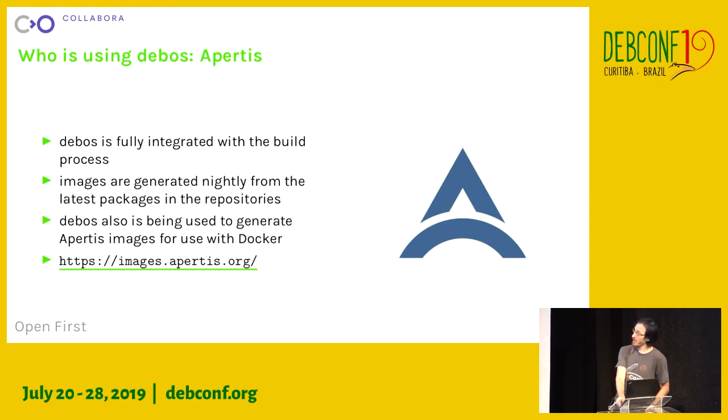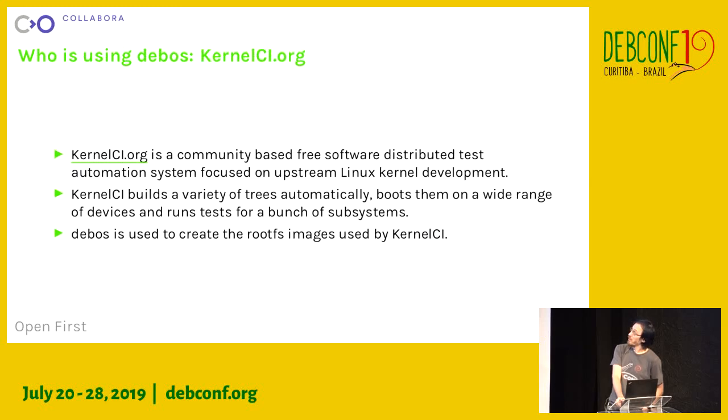But okay, it may sound a bit confusing because there's a lot of stuff in a short number of slides. Now examples will make it more clear. But oh yeah, before the examples, another example of using Debos is the KernelCI project, which is a kernel testing infrastructure.